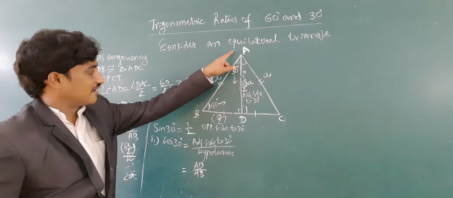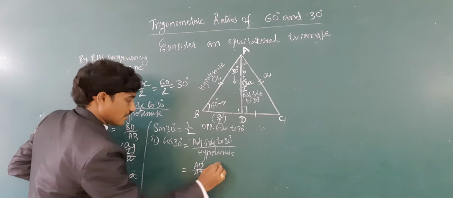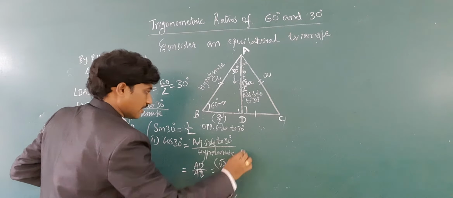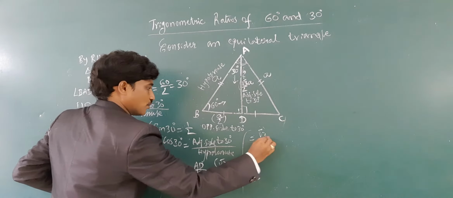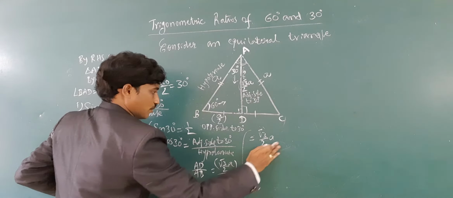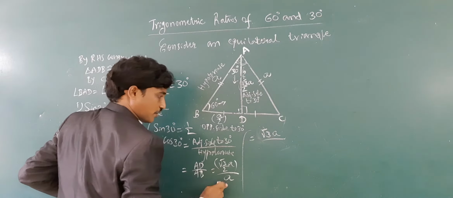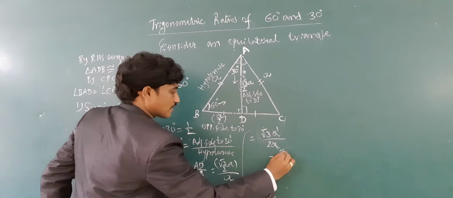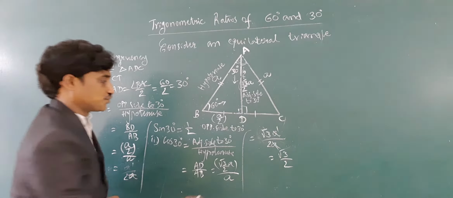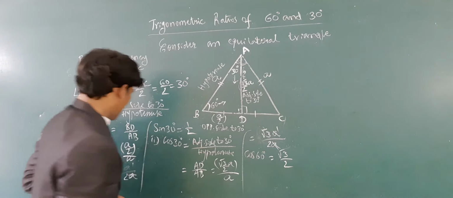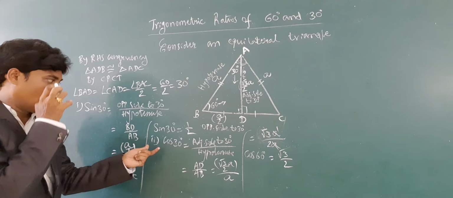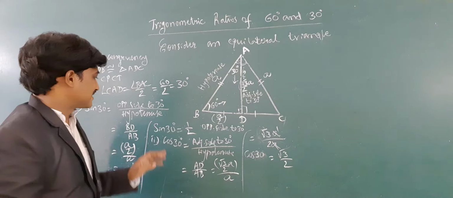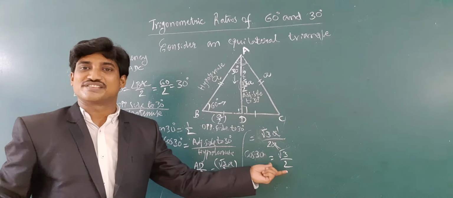AD length is here root 3 by 2a by hypotenuse is A. Next step, root 3 a by 2 into a, 2a, a in a gets cancelled one time. Root 3 into 1, root 3 by 2. So cos 30 degree is root 3 by 2. Sin 30 degree is 1 by 2. Cos 30 degree is root 3 by 2.